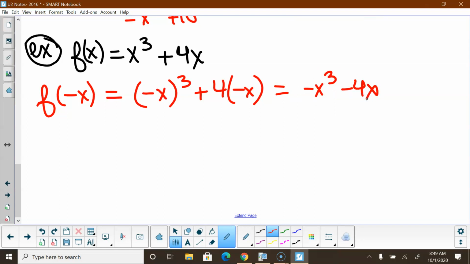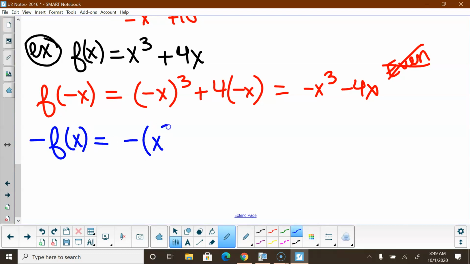All right, so it's not even. Check odd, negative, times the whole thing, so it's negative. So remember, for it to be odd, you want what you got for even to be the same thing as what you get.